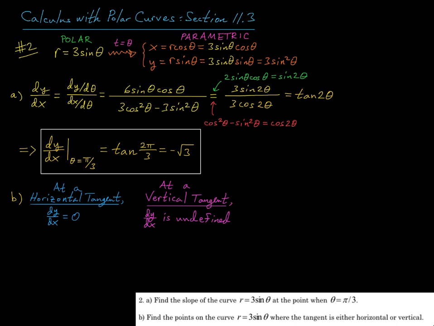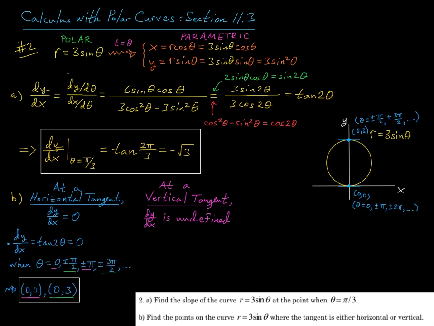All right, so we discussed horizontal and vertical tangents back in section 11.1. So recall that at a horizontal tangent, dy/dx is just 0, and at a vertical tangent, dy/dx is undefined. Also, in light of the last section, 11.2, what is this equation, r equals 3 sine theta, describing?